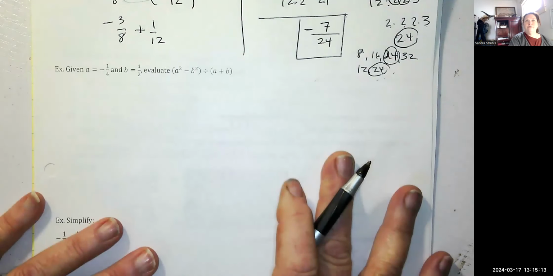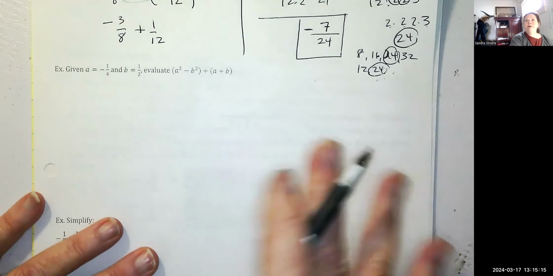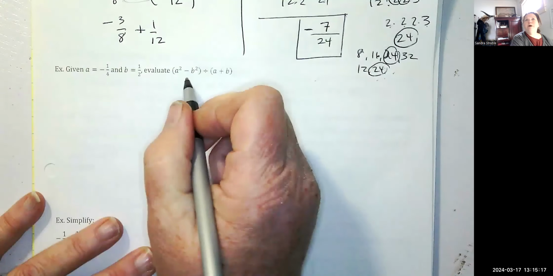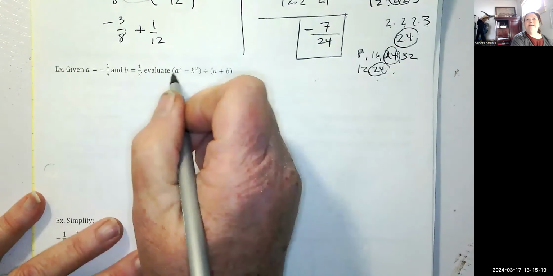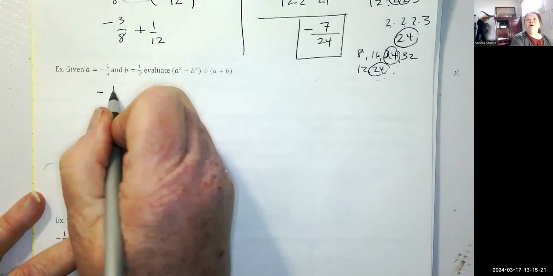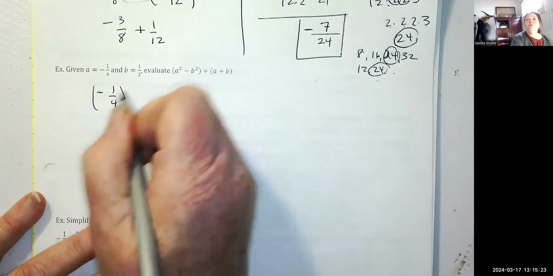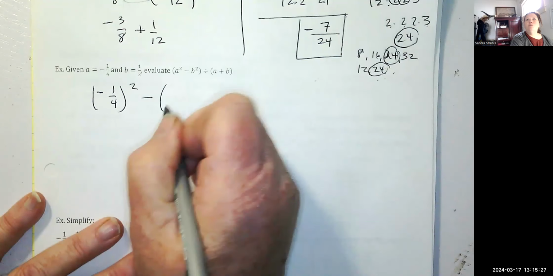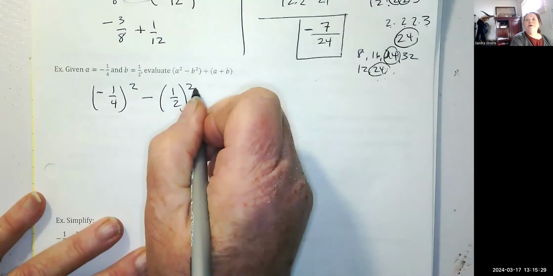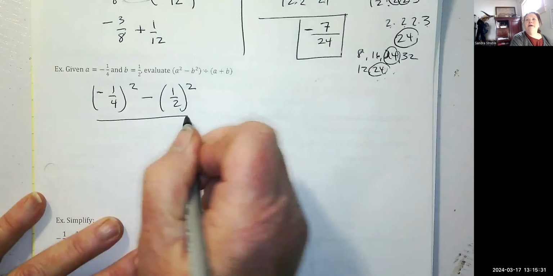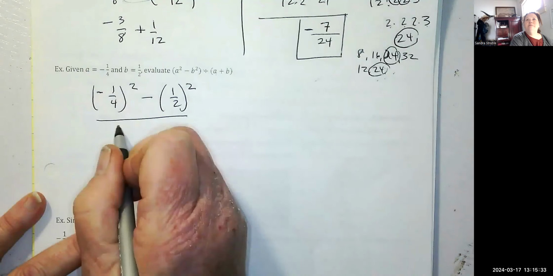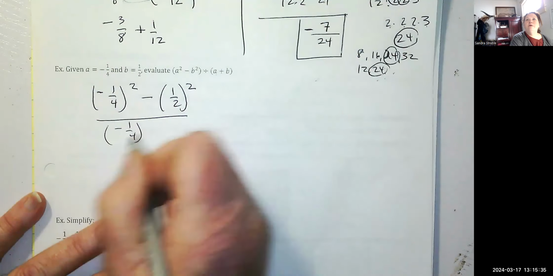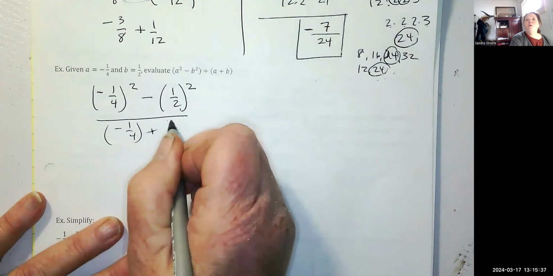Negative 1/4 is A, 1/2 is B, and we're going to evaluate. We're just going to plug in our numbers here. So A squared, which is negative 1/4 squared, minus B squared, which is 1/2 squared, divided by A plus B, negative 1/4 plus 1/2.